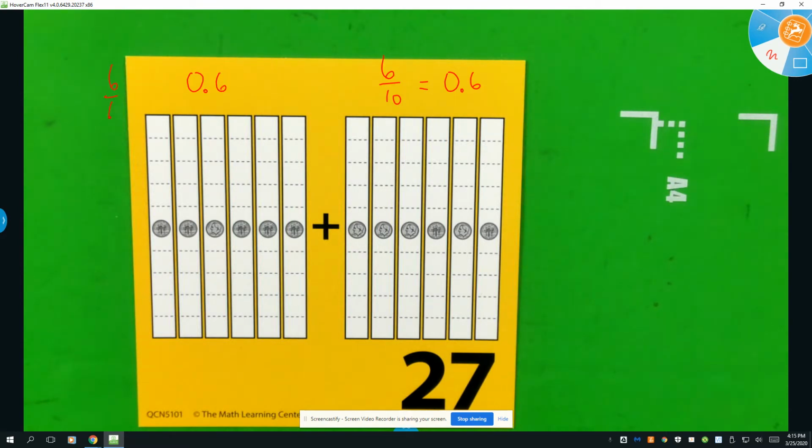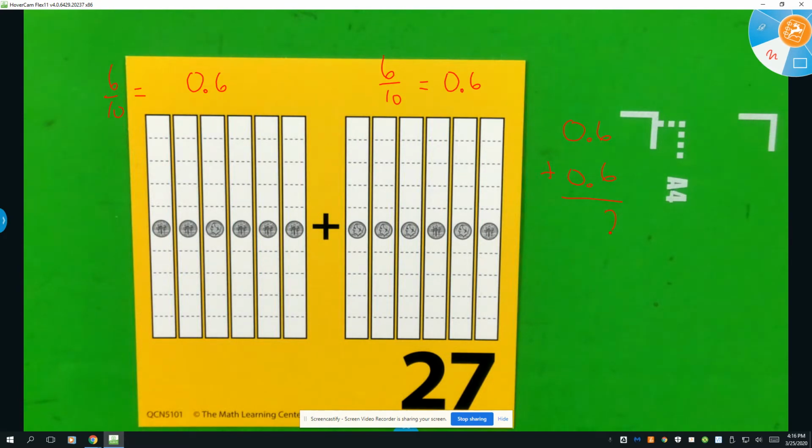So both of these 6/10 equal this. Now, the cool thing about 0 and 6/10, you know that the number is greater than 0 but less than 1. So both of these numbers are greater than 0 but less than 1. So when we add them together, obviously the sum of those two numbers is going to be less than 2. So we're going to take 0 and 6/10 plus 0 and 6/10.